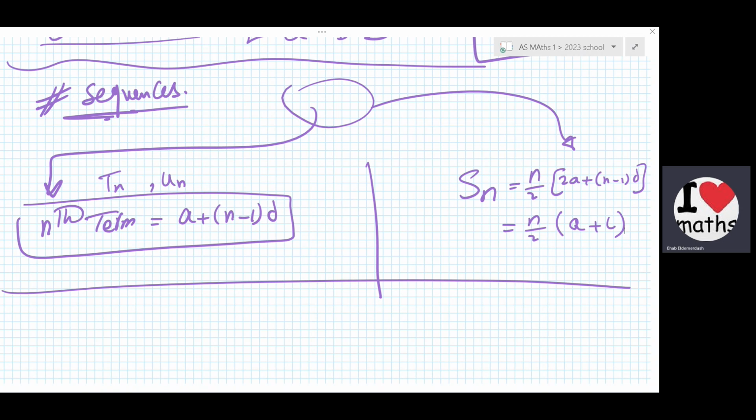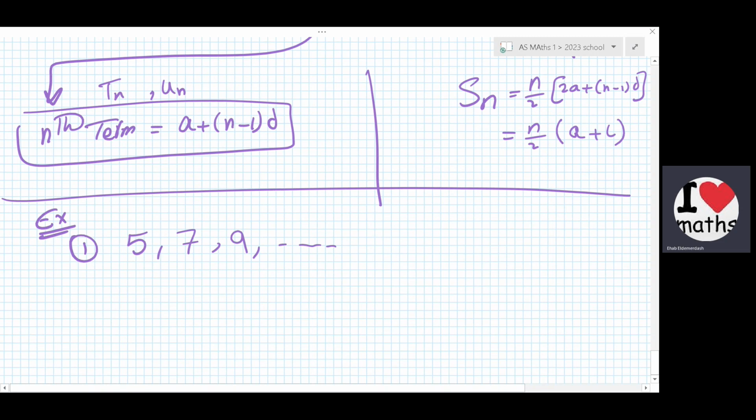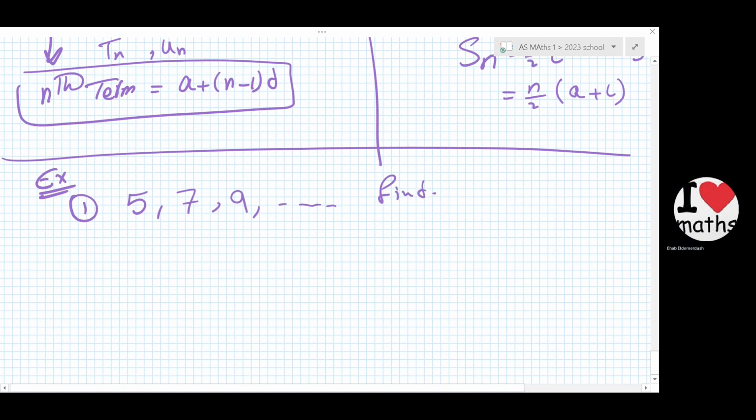Okay, do you remember, guys? I will give you a simple example first, because I don't need you to go into a difficult question. Let's go, I have questions here. If I say this sequence is 5, 7, 9, and so on, please find: first question, first part, the nth term.